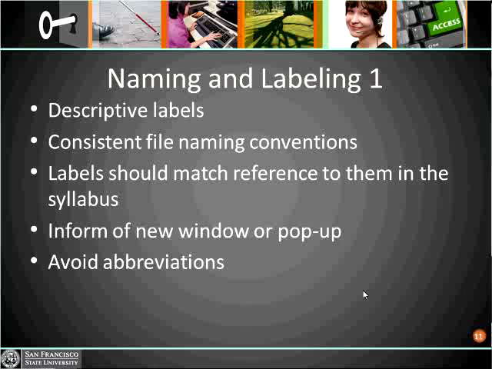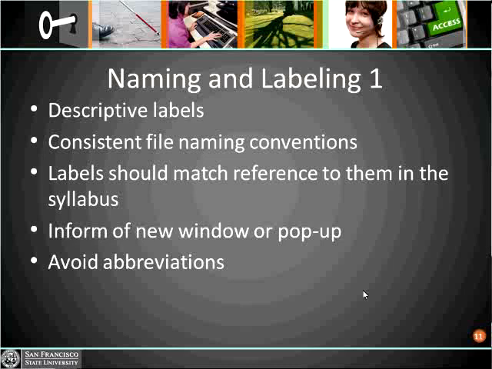Make sure that your labels match how you reference them, not only in the syllabus, but also in the classroom. So that when the student is listening to you in the classroom or online in Illuminate, they know what you're talking about, and they can find that item.